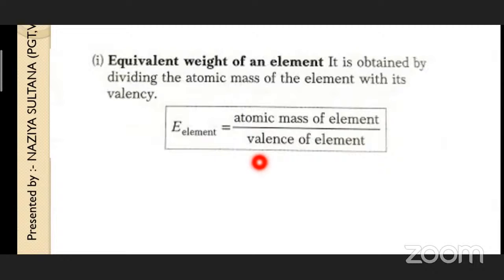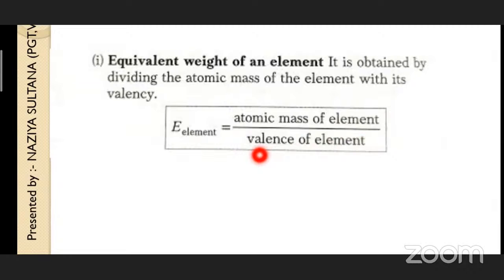Because molecules are stable, atoms are unstable. First A group elements have valency 1. Second A group elements have valency 2. So the equivalent weight of an element is the atomic mass of the element divided by the valency of the element.